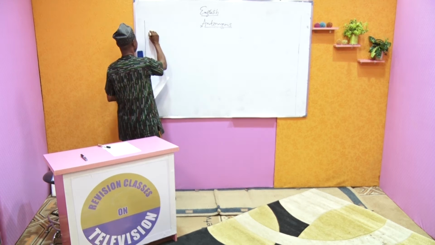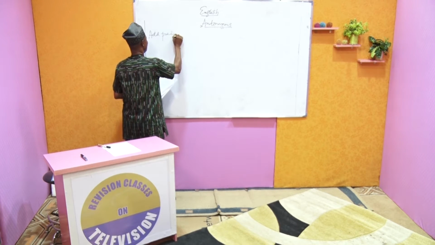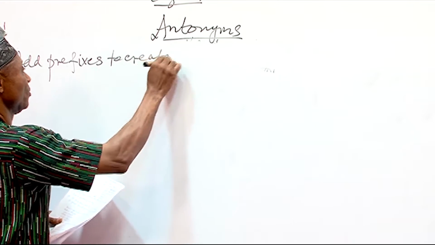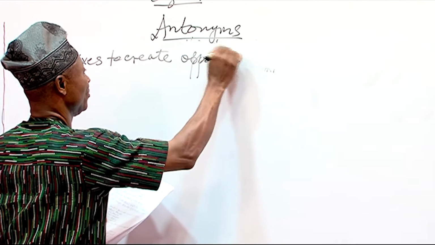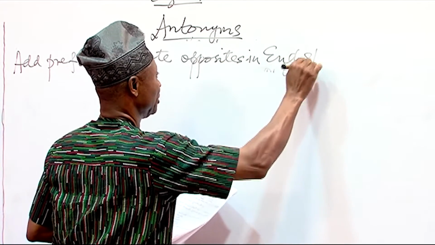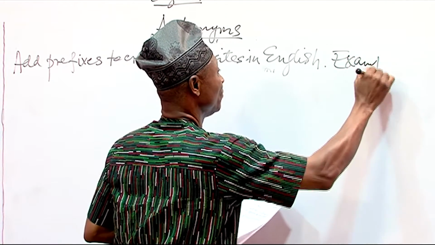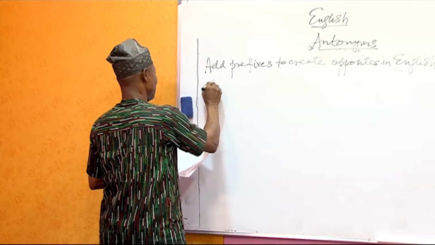One can add prefixes to create opposites in English. Examples are this.